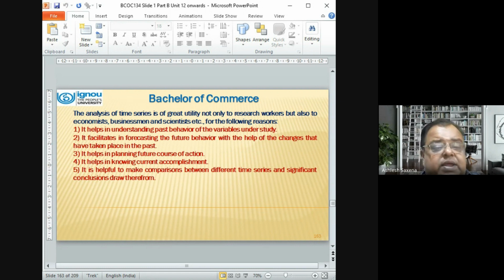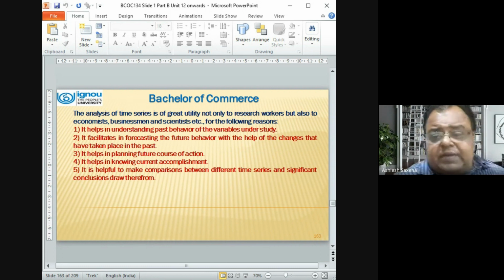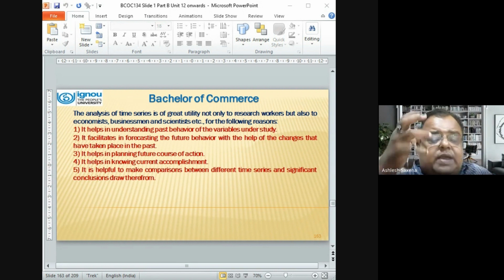Number three, it helps in planning future course of action. Number four, it helps in knowing current accomplishment. And number five, it is helpful to make comparisons between different time series and significant conclusions can be drawn.